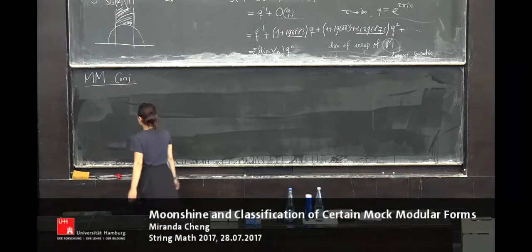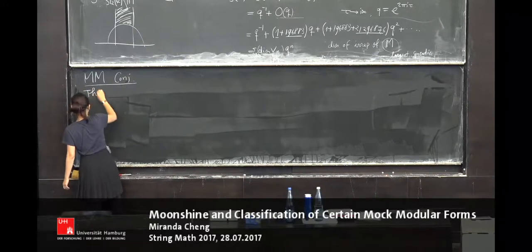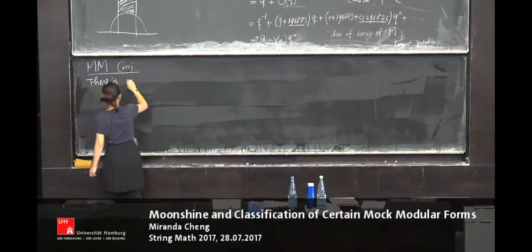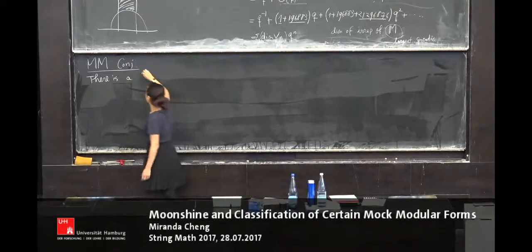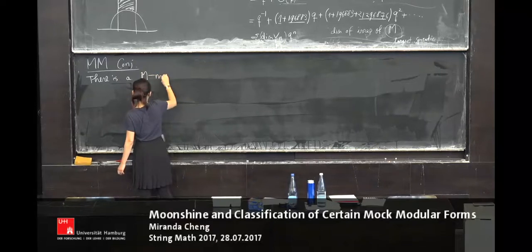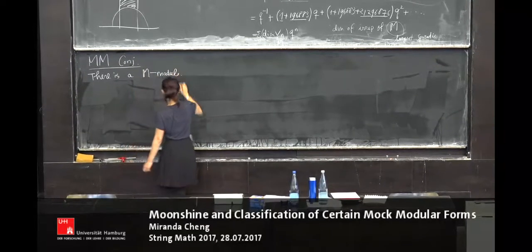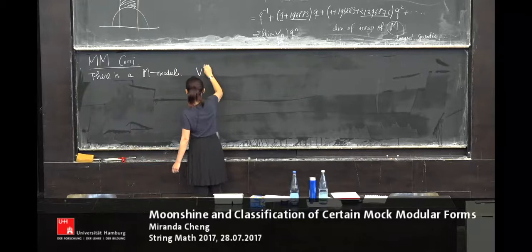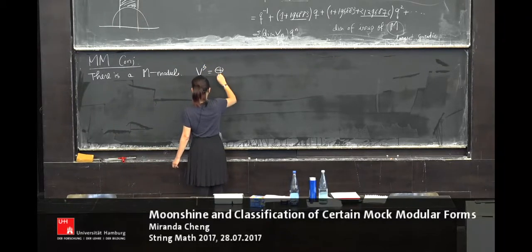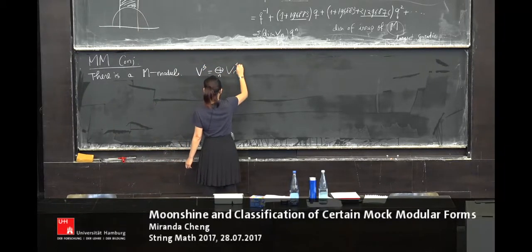It says that there is a module for the monster group. We call it V natural, and it has a natural Z grading.